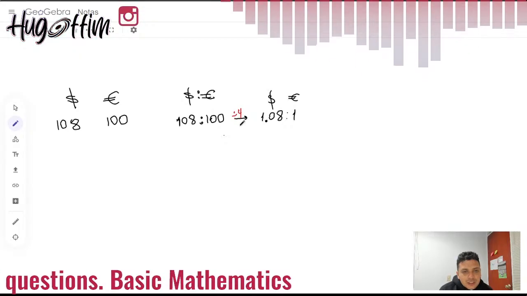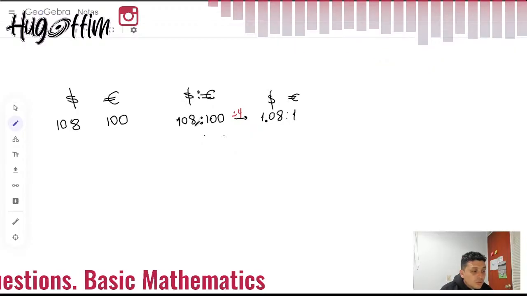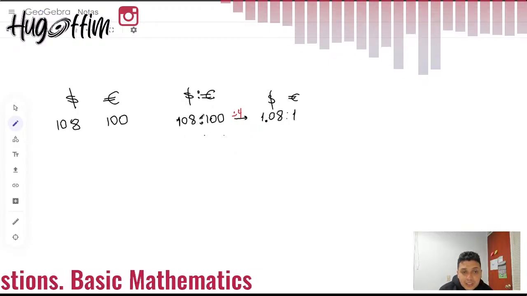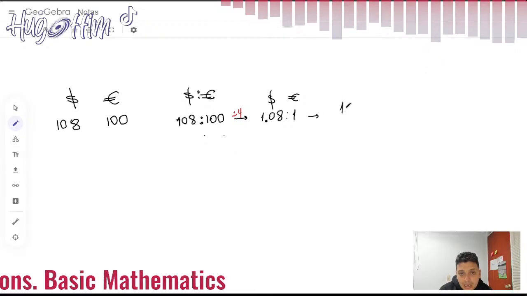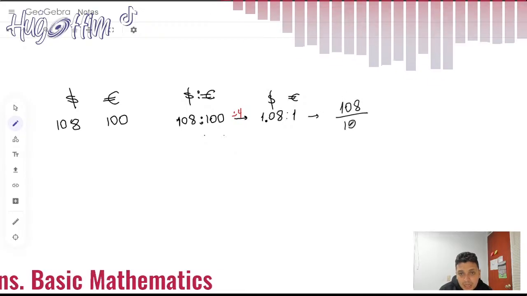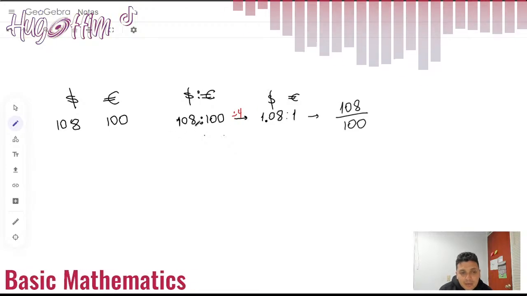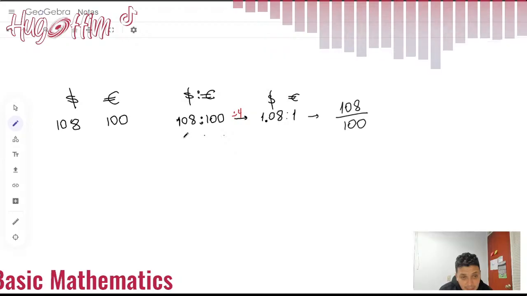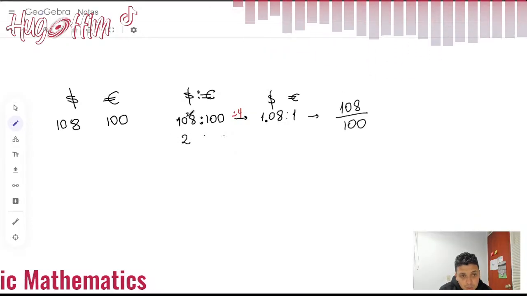Remember that a ratio is just a fraction. Two magnitudes related in quantities as ratios is fractions. So this is the same as putting also 108 over 100. So I'm going to divide by 4. 108 divided by 4 is going to be 2. 10 divided by 4 is 2, and I got 2 left.